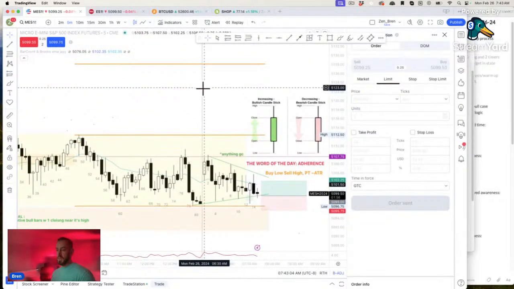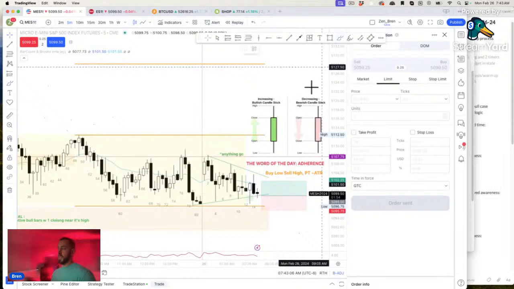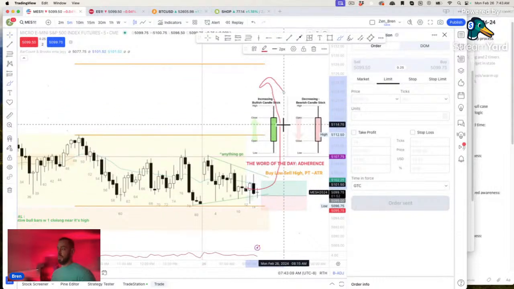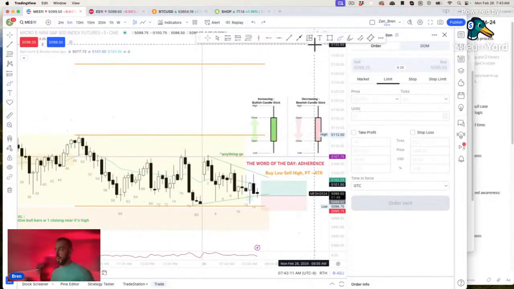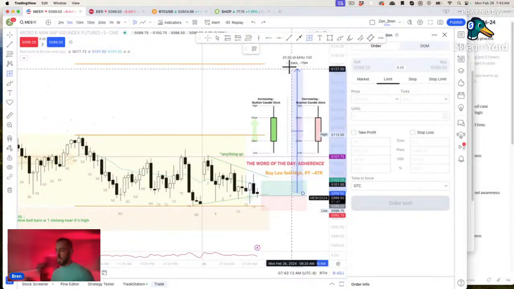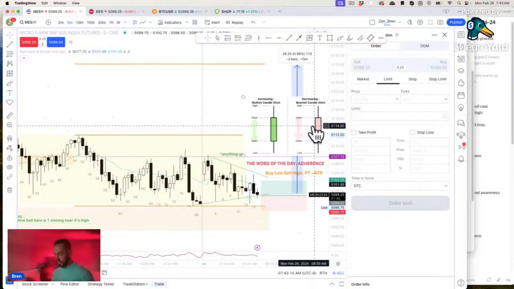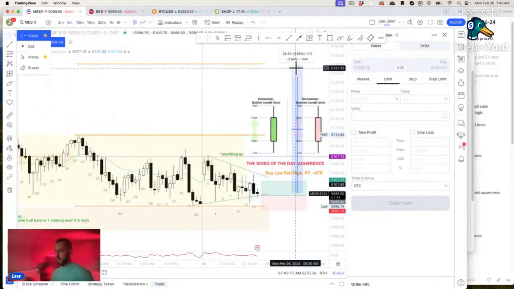So that would mean a move up here, and that would be about, let's measure it, maybe 20 points or so, maybe 30 points. Well, probably more like 20 points.